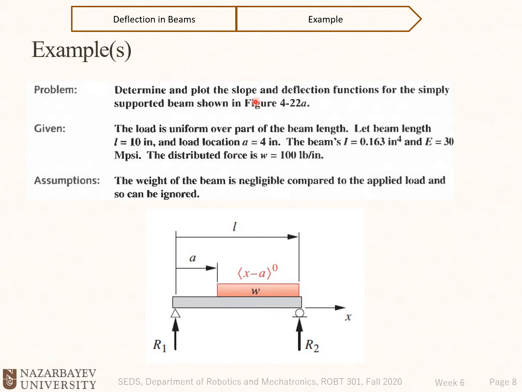And we are looking to find the slope and deflection of the beam. The beam is sitting on two simple supports, and there is one uniformly distributed force that starts from A and ends at L.